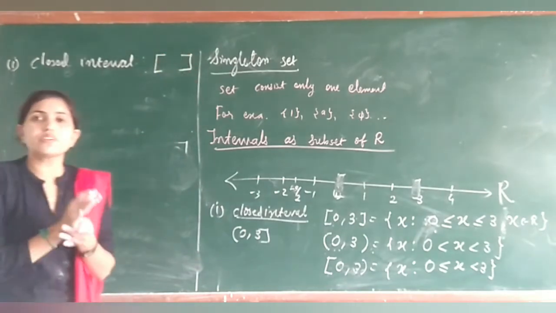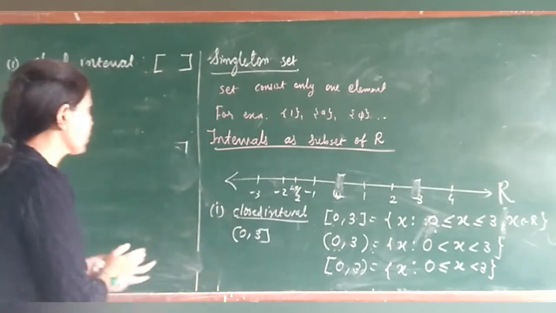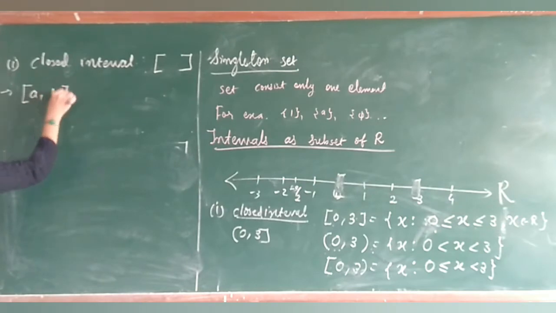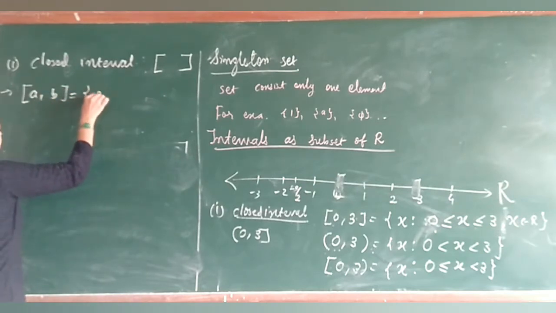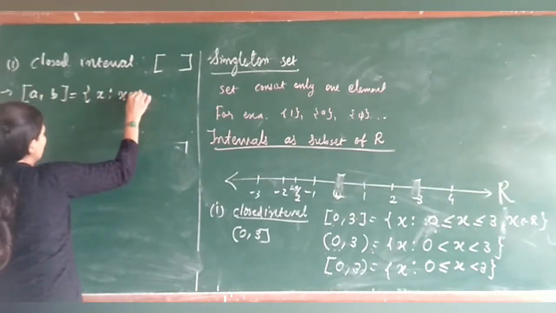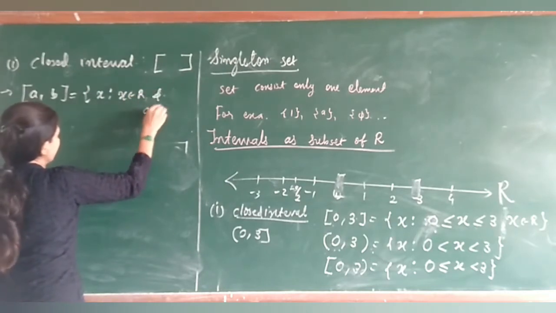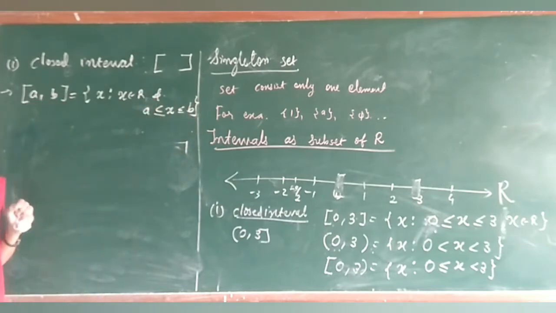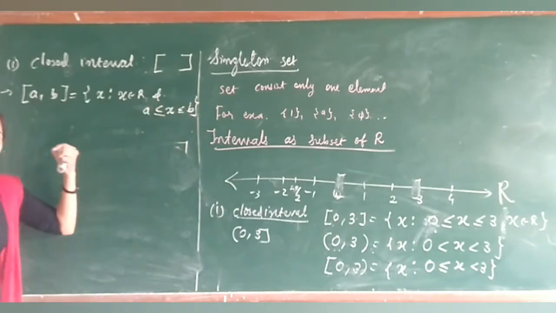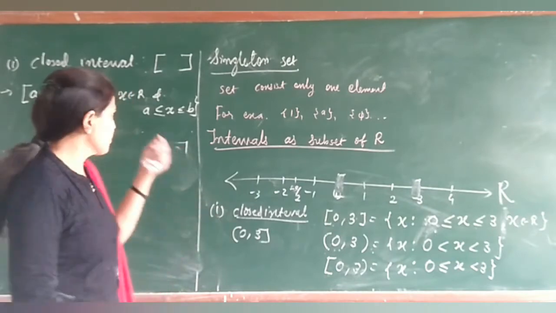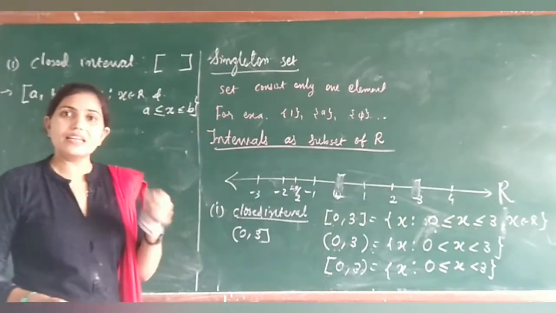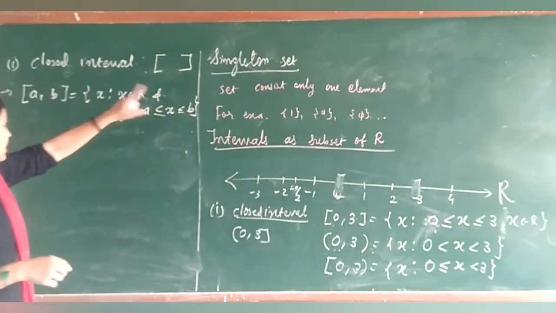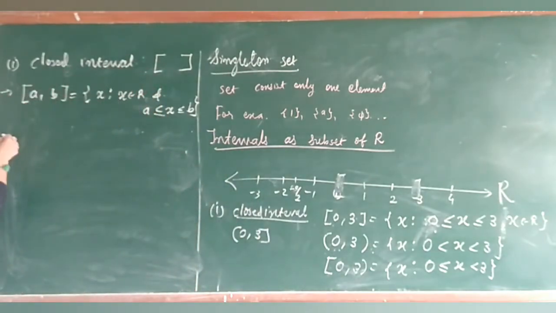So closed interval [A, B] means all the x where x belongs to R and A is less than or equal to x less than or equal to B. Here A and B also belong to R. You can take any real number here. So this is the set for A and B.